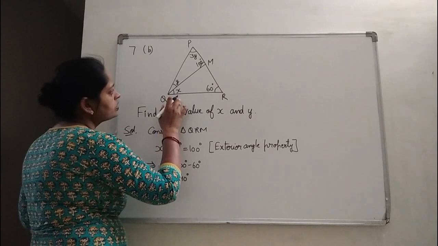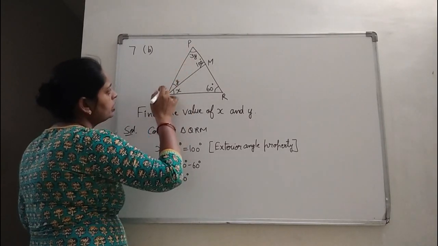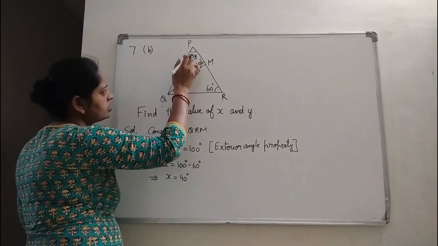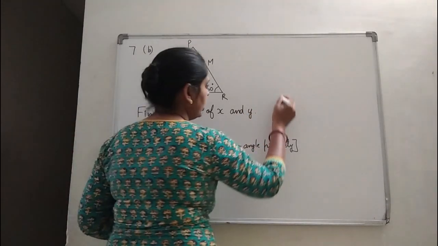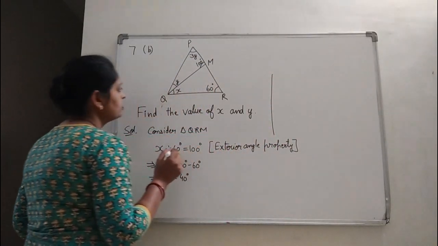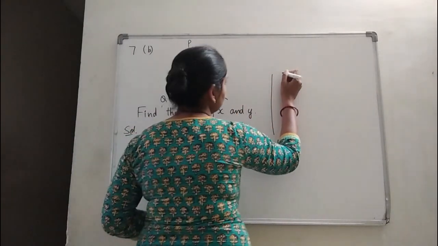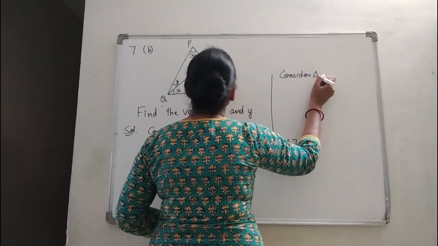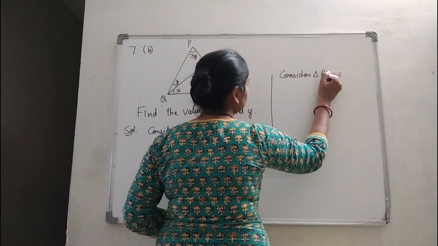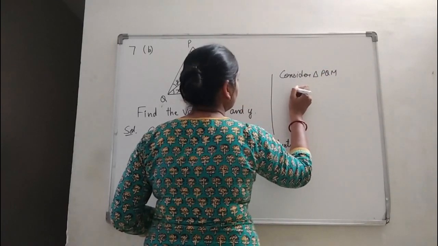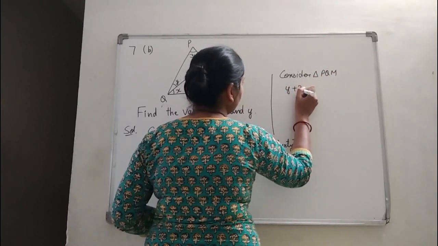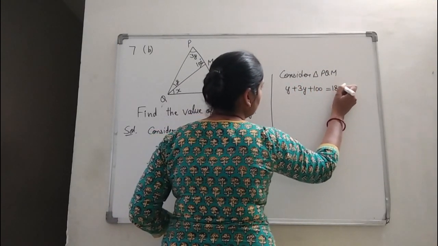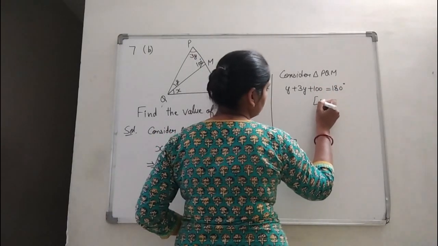Right? Now see, in this triangle PQM, X, 3Y and 100, these are the three angles, and also we know that by angle sum property, the sum of these three angles is equal to 180. So now consider triangle PQM. From there you got Y plus 3Y plus 100 is equal to 180 degree. And what is the reason?